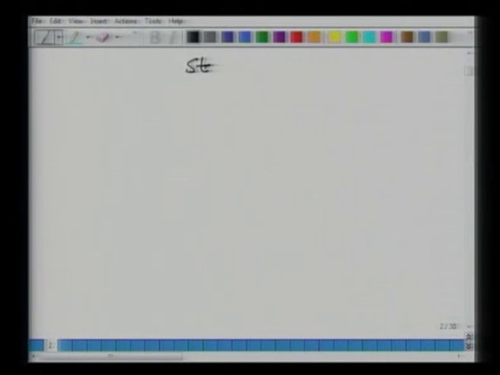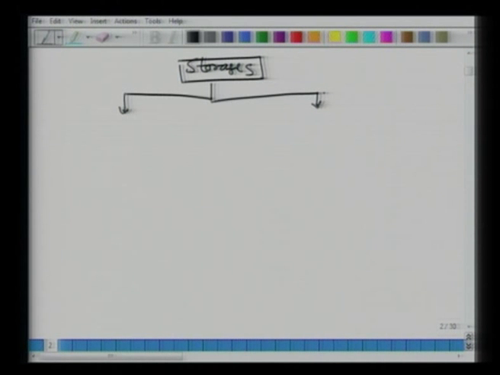Now, we come to the classification of these different types of storages. All the storages which we have looked at can be classified broadly into 2 kinds. One is called the retention storage and the other is called the detention storage.